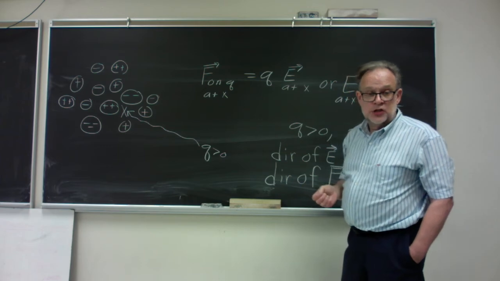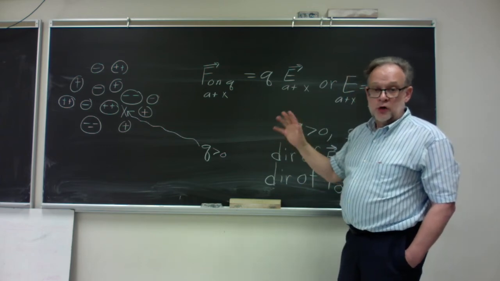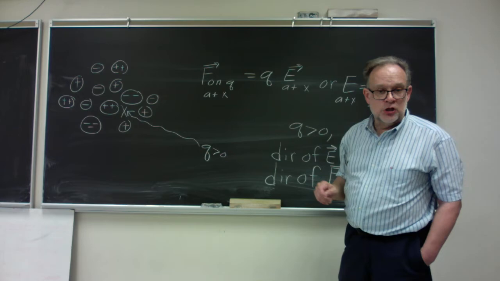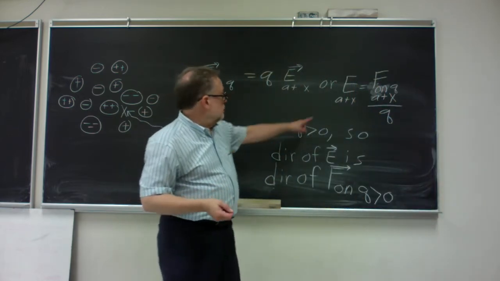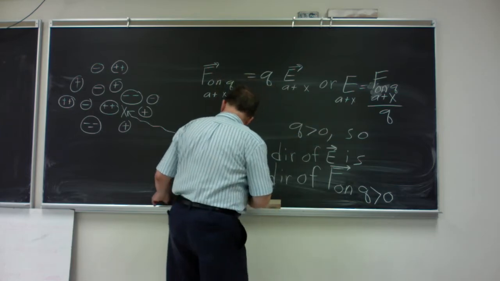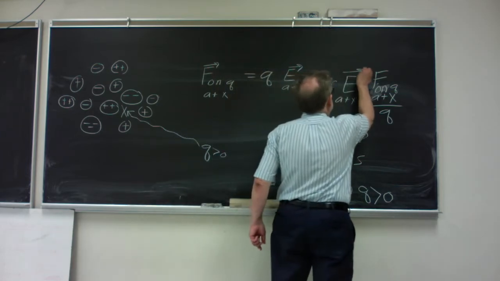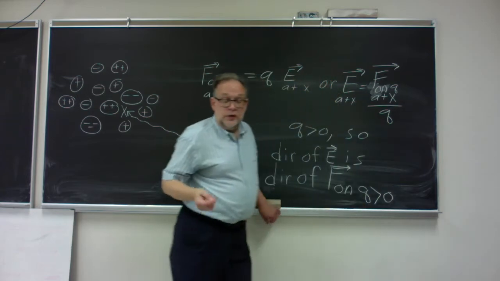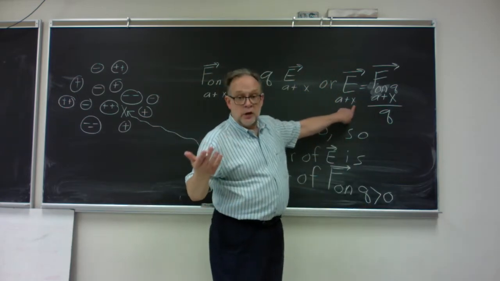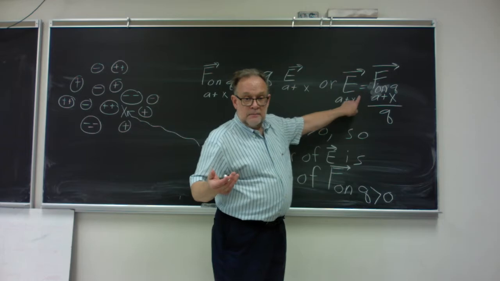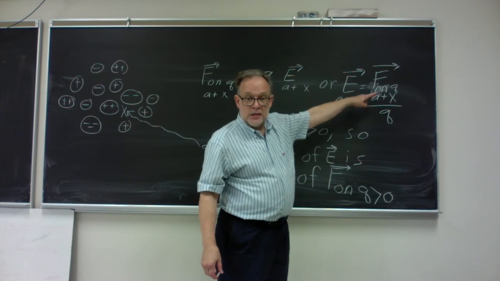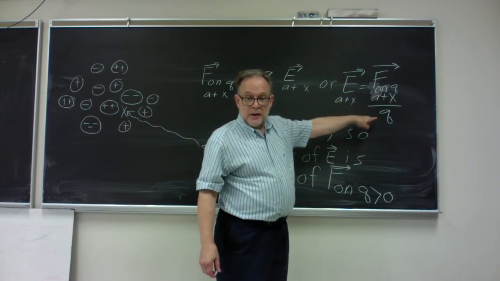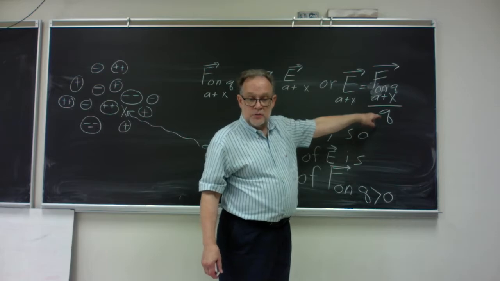Here's the basic relationship between field and force. Or we could write that equation a little bit differently in a way that serves as a definition of electric field. The electric field at any point, call it X, is equal to the force that you would get if you put a charged particle at X, divided by that charge.